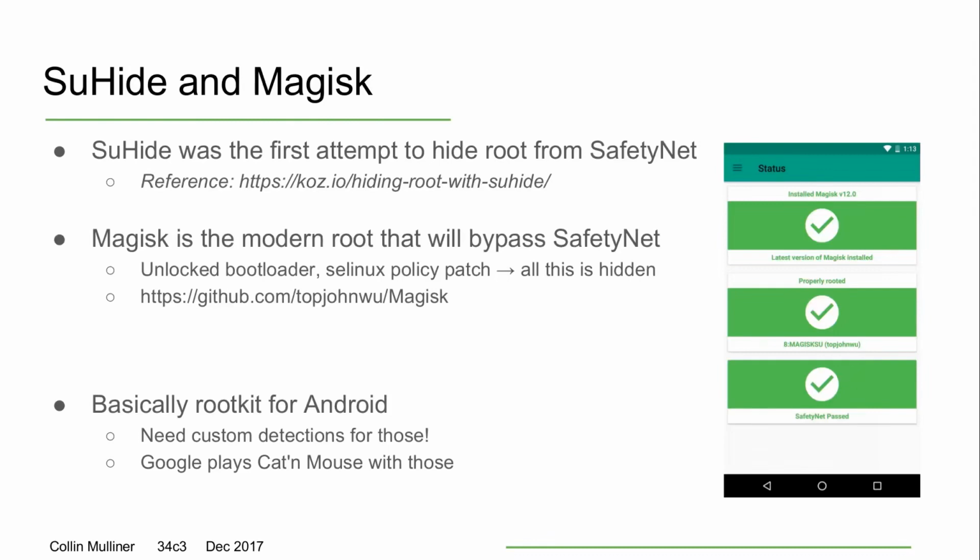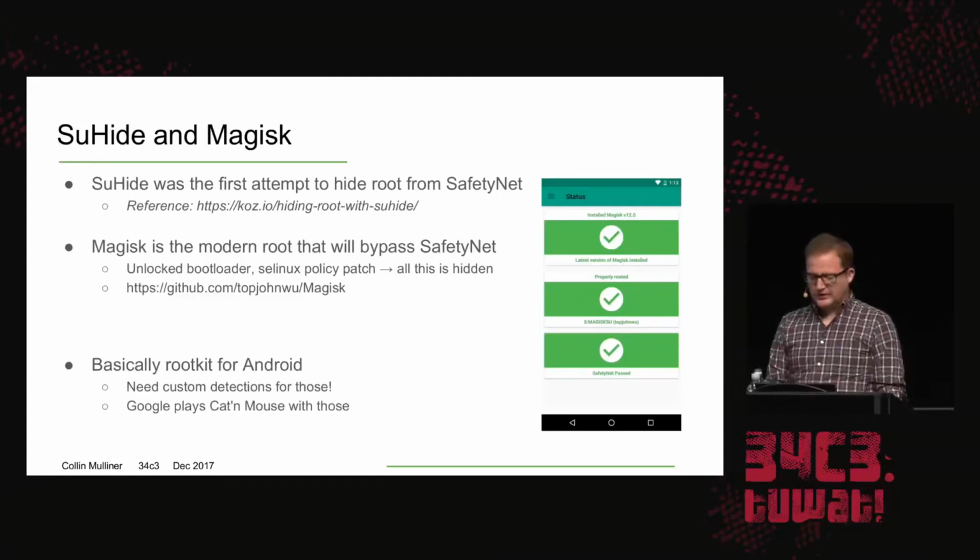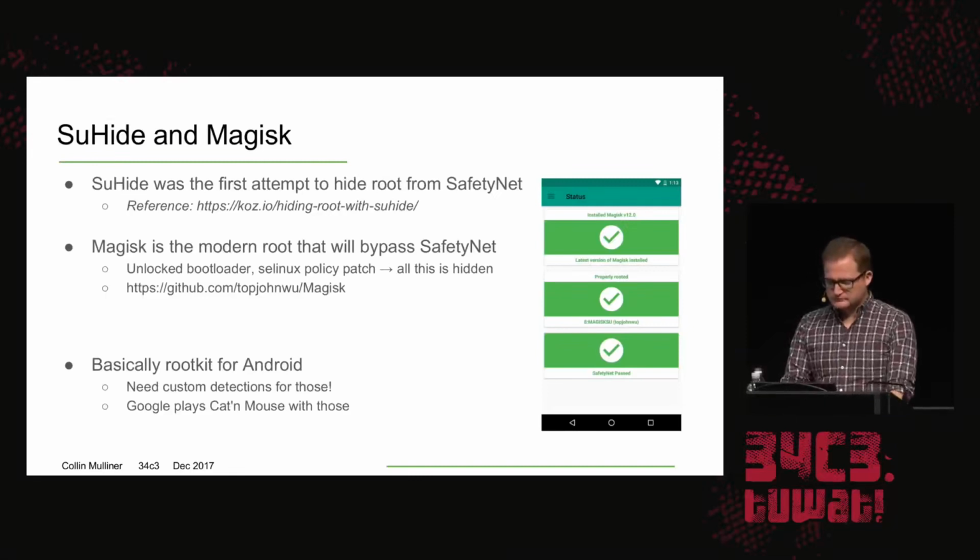But then there's Magisk, which is a more modern way of basically hiding root. Magisk is based on unlocking the bootloader and patching SELinux policies and so on. Actually, this is, as far as I know, completely undetectable at the moment, due to SafetyNet actually not running with full system privileges.